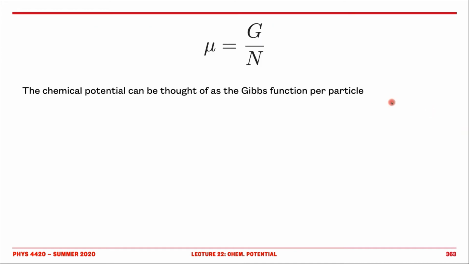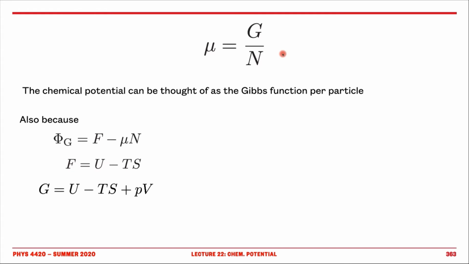Okay, so the result that's important, it probably deserves a title on its own, is the chemical potential is the Gibbs energy divided by the number of particles. So if you go back in the previous slide, and I'm not even expecting people to remember this, we find that the grand potential was the Helmholtz function minus mu n. We also know that F is U minus Ts, and we know that G is U minus Ts plus PV. Those two we've seen many times before.